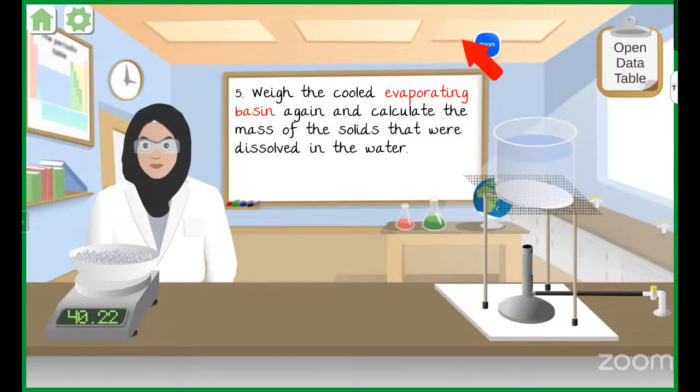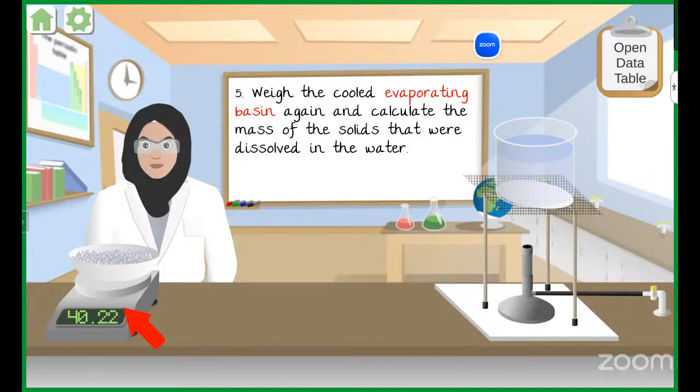So what we have here now, it says weigh the cooled evaporating basin again and calculate the mass of the solid that were dissolved. So when we weigh again, we have 40.22.